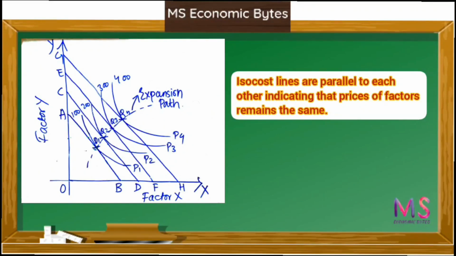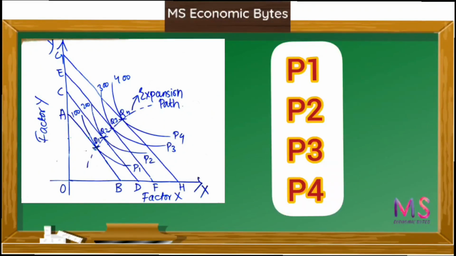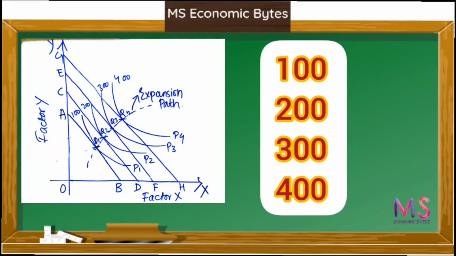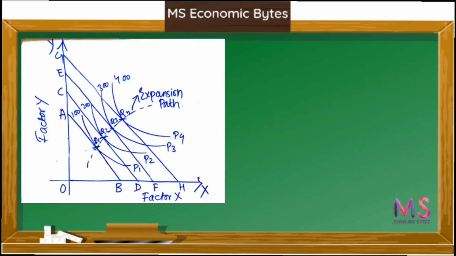In the same manner, we have 4 isoquants P1, P2, P3 and P4 which denote different units of output to be produced by the firm, that is 100, 200, 300 and 400 units of output.